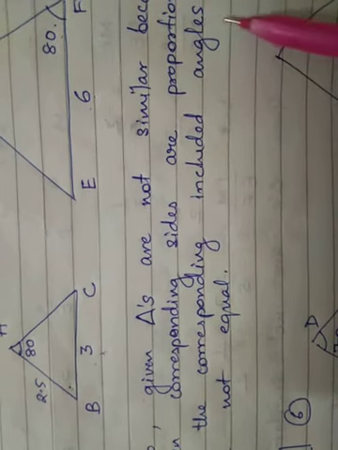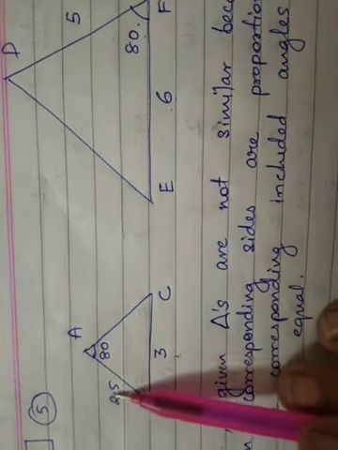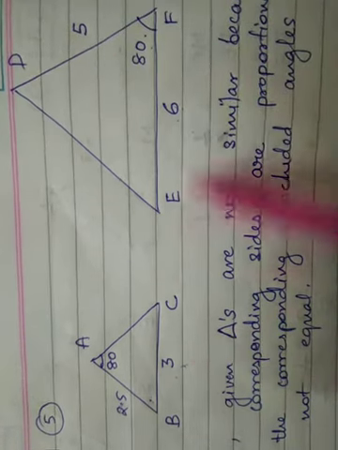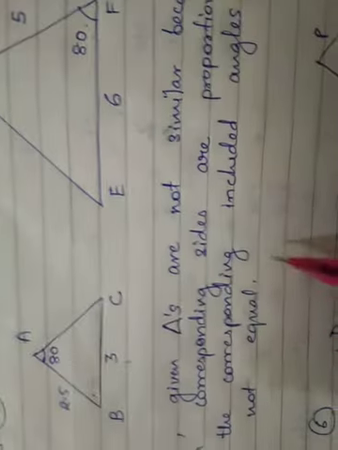the given corresponding sides are proportional. Corresponding sides are proportional: the ratio of 2.5 with 5 is 1/2, and the ratio of 3 with 6 is also 1/2.